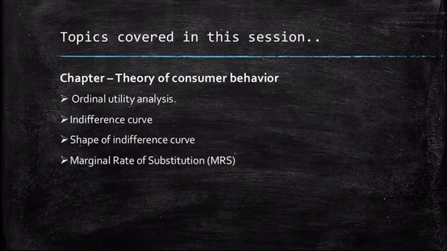In this chapter, we are going to study consumers' behavior using two different approaches, that is cardinal utility analysis and ordinal utility analysis. In previous sessions, you have already gone through cardinal utility analysis.